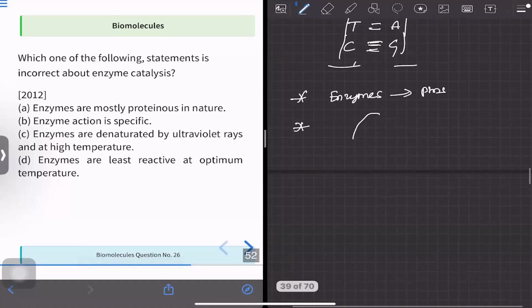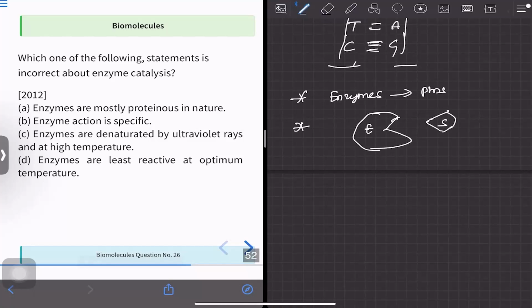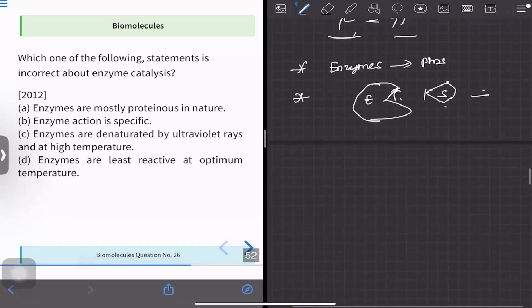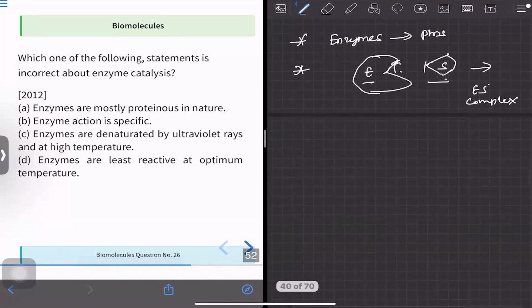Enzyme has a cleft which is specific to the substrate. It has a pocket which only this substrate can react with. So enzymes are made in such a manner that one enzyme can react with one substrate only. It forms an enzyme substrate complex. So enzymes are specific in nature.